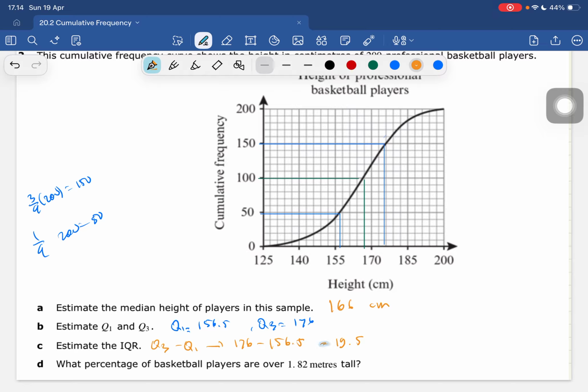Okay, what is the percentage of basketball players over 1.82 meters? We change it into centimeters, 182 centimeters. Here is the 80, so if this is 182, approximately here, going across and going up.